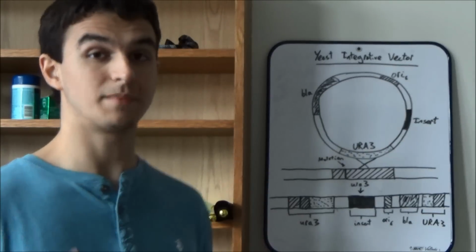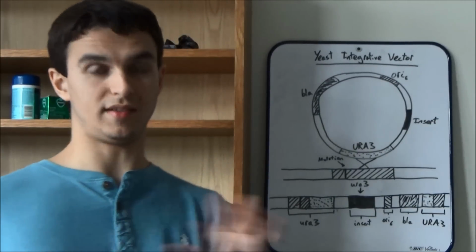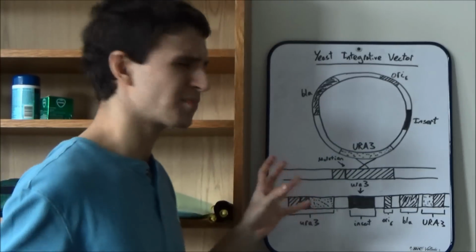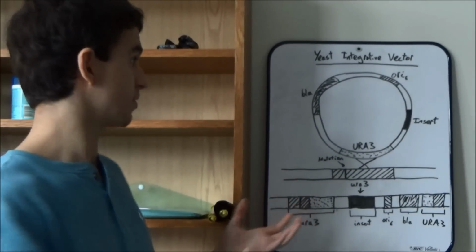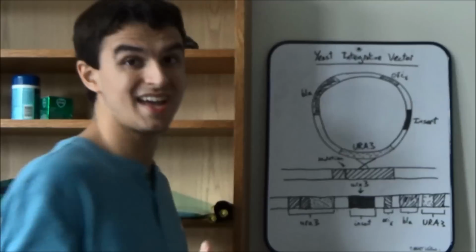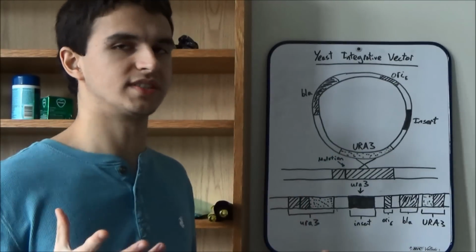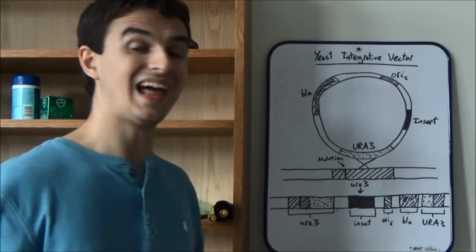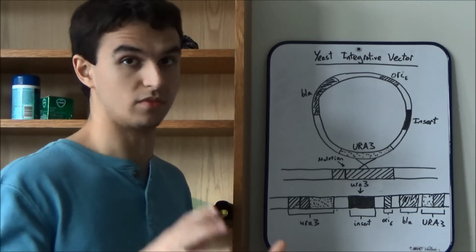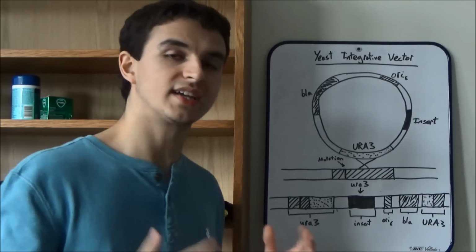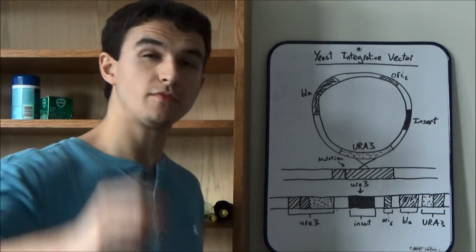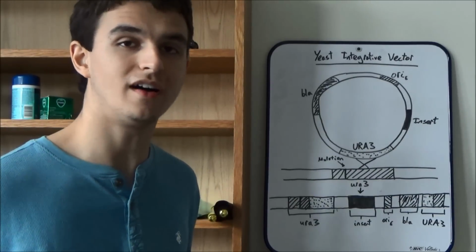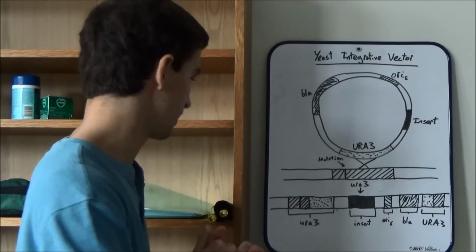Now uracil is a base found in RNA, for example, so it's absolutely essential that the yeast cells contain or are able to produce uracil, otherwise they won't be able to grow on a minimal medium unless we supplement them with uracil. Now the strain of yeast cells which we're transforming have a mutation in the URA3 gene.